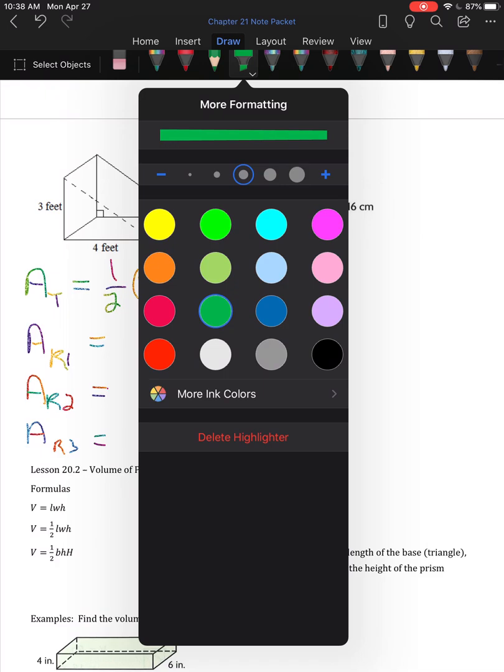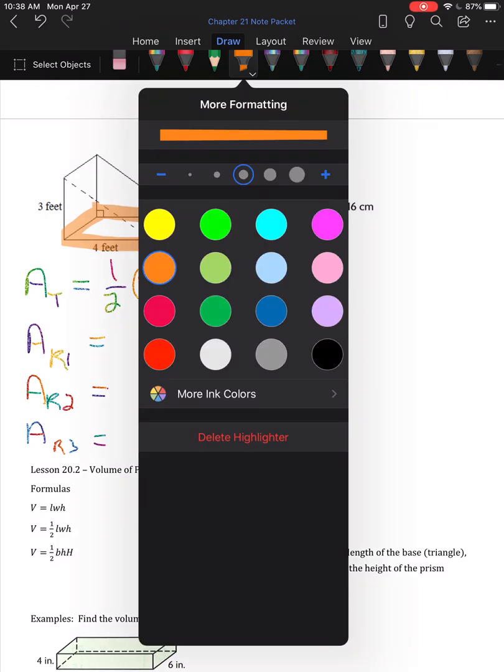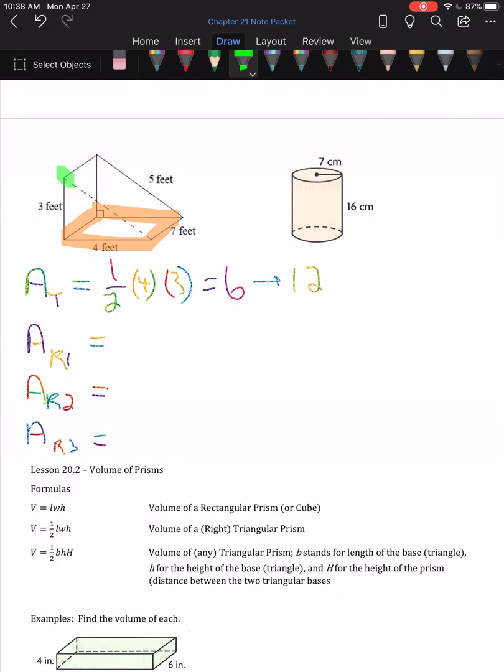So I will highlight them all in different colors so we can see all 3. So the orange is a rectangle, and we'll go with green for a rectangle, and we'll go with pink. 3 rectangles, an orange rectangle, a green rectangle, and a pink rectangle.